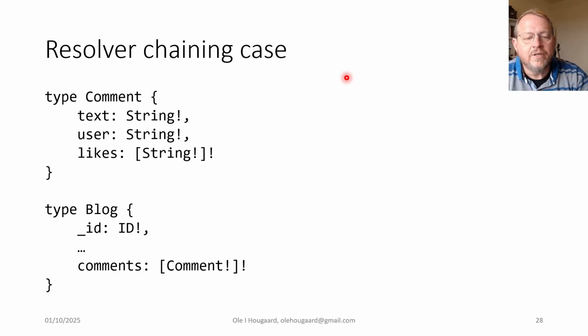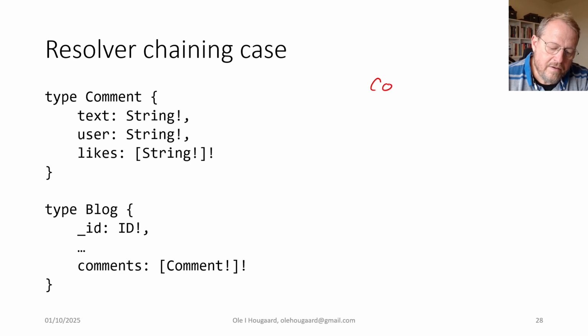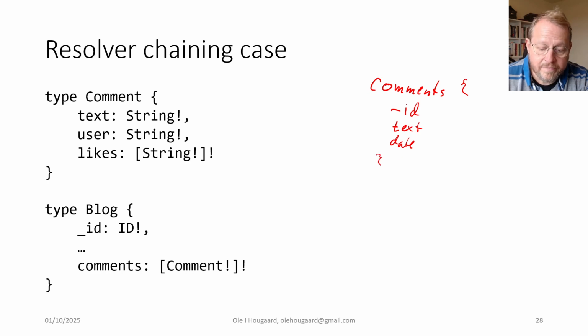So then your first query would be something like blogs with ID, text, so you can show some of it, date, maybe more, but no comments, right?